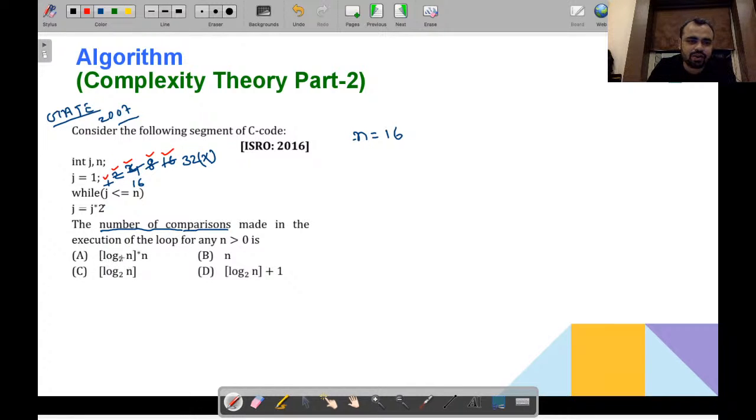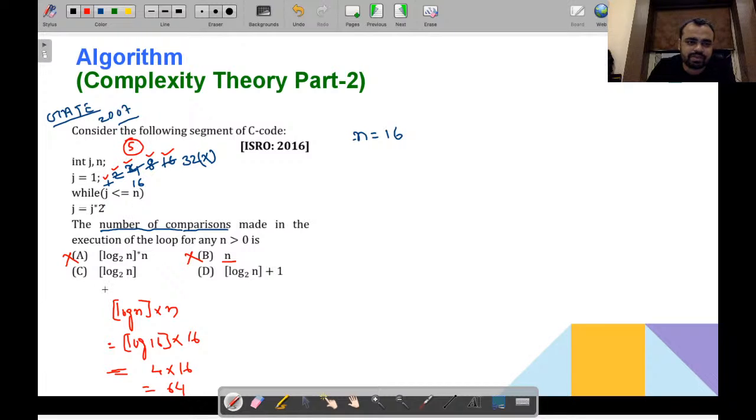It is given as log of n, log of log of n. So this is not an answer because the loop is executing up to 5 times. Again it is given as n.